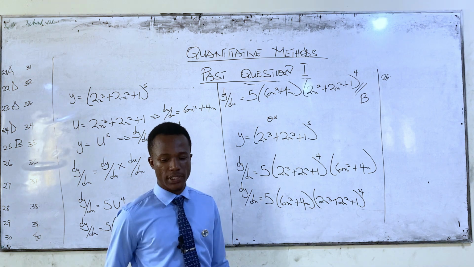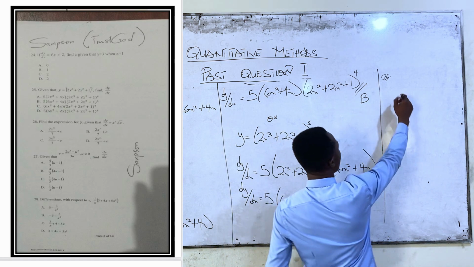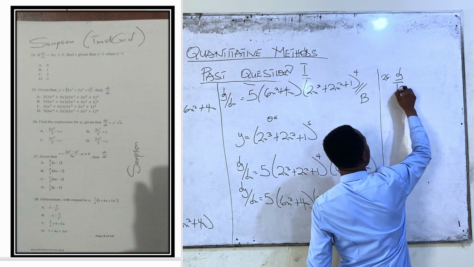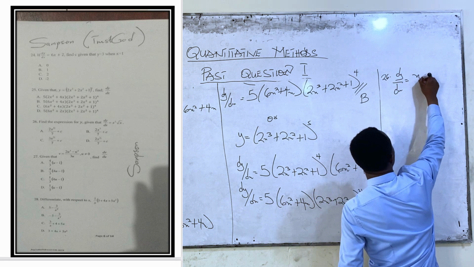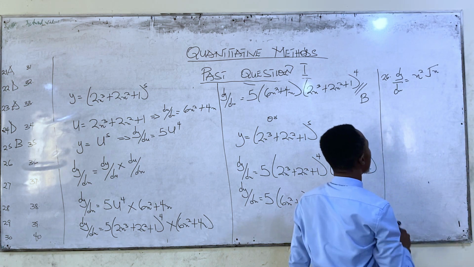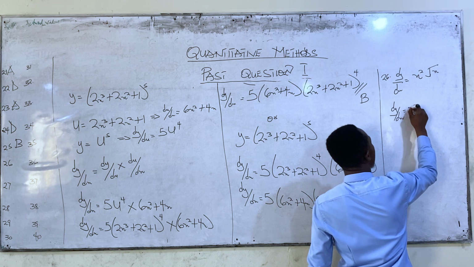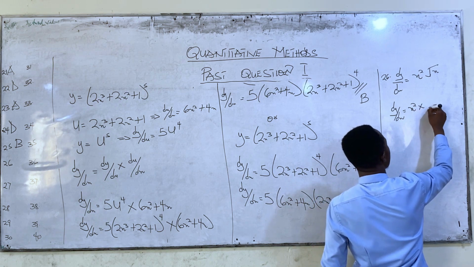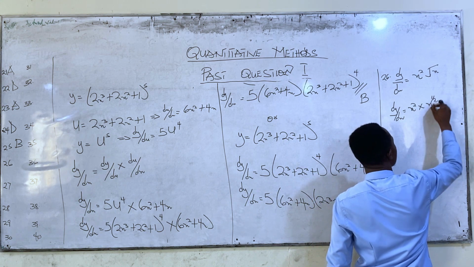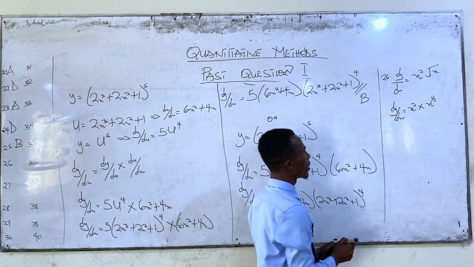So for question 26, find the expression for y, given that dy/dx is equal to x squared multiplying square root of x. Okay, so we can rewrite it and say that our x squared is multiplied by x exponent half. So square root is just like exponent half.